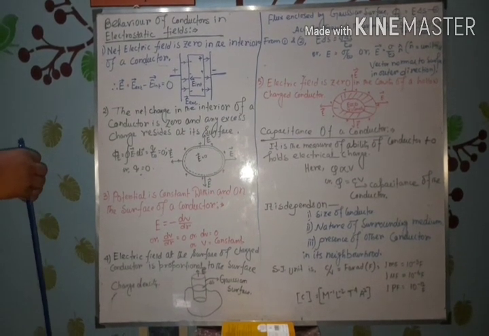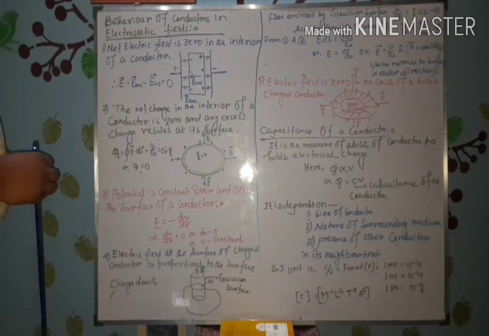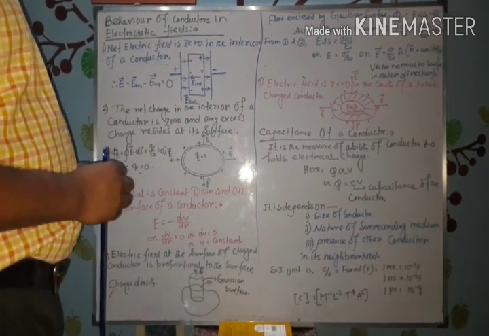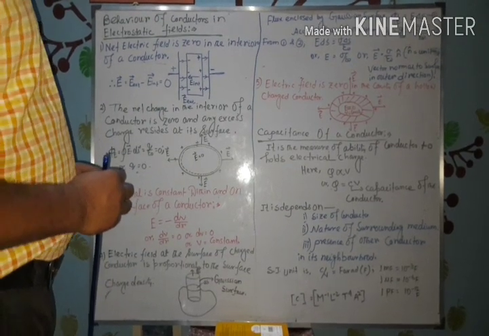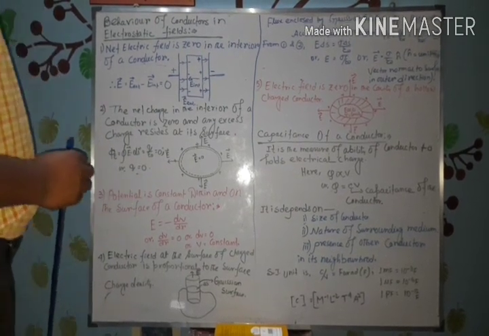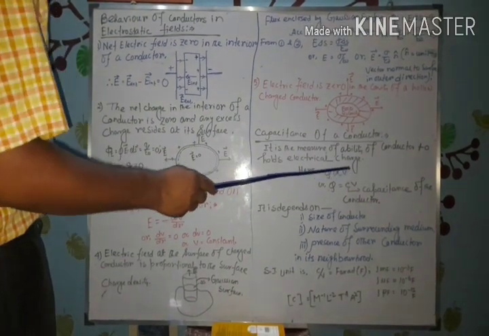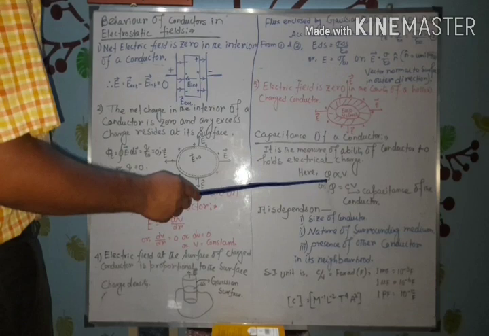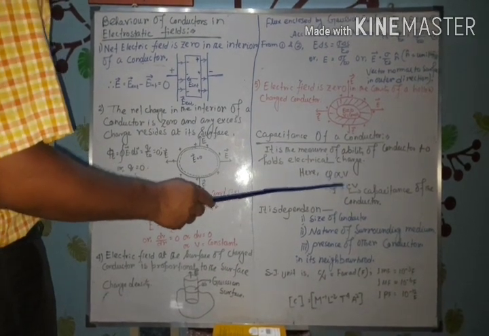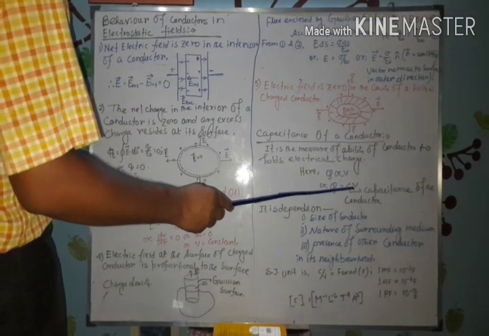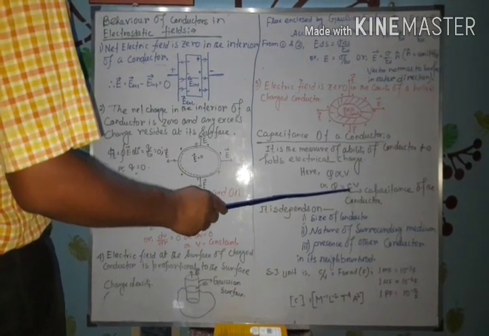And if we increase the amount of charge, the potential of the conductor also increases. Therefore, for a conductor, we can write Q proportional to V, that is, potential is proportional to the charge.